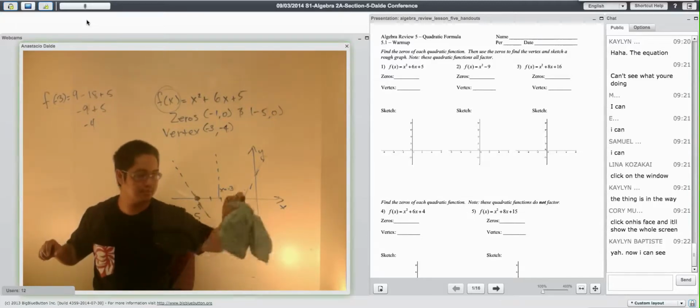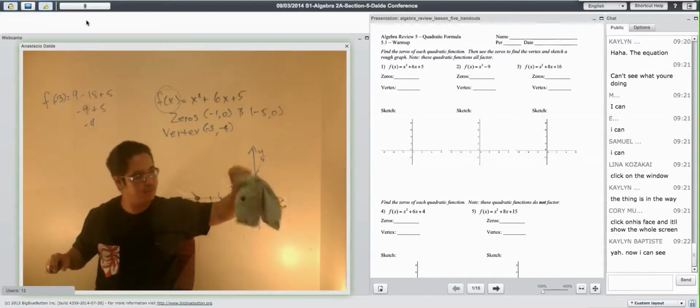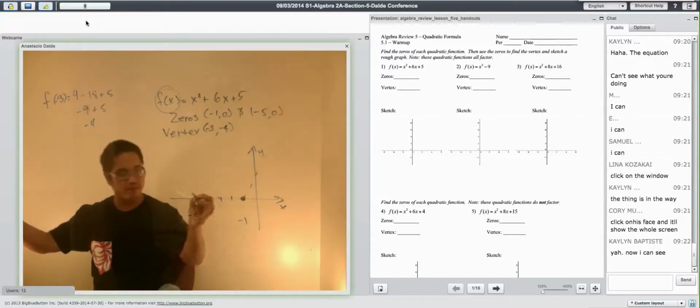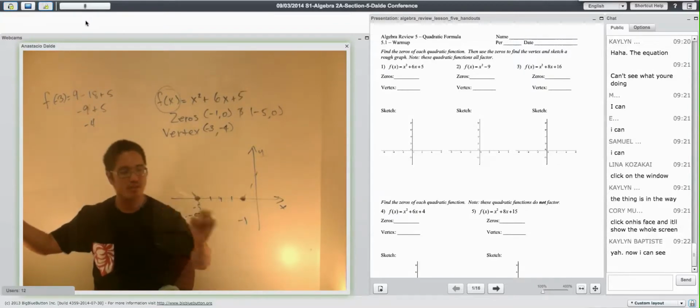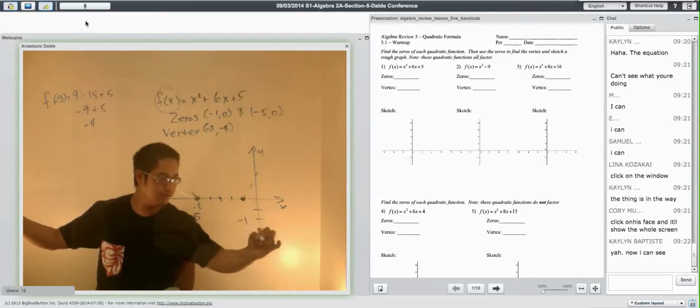Let me erase what it probably looks like, and I'm going to tell you information that helps you get exactly what it looks like. I know that my zeros are at negative 5 and negative 1. I know that the vertex is located at negative 3 and down 4. 1, 2, 3, 4.